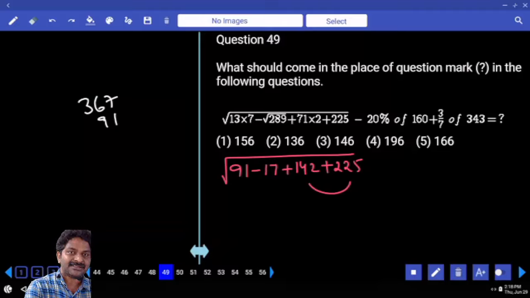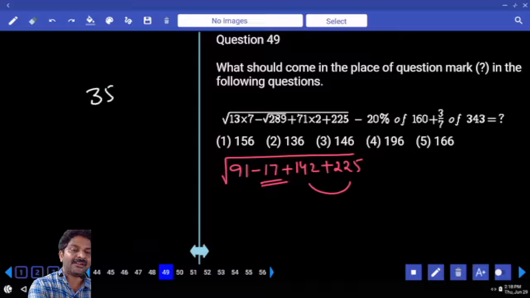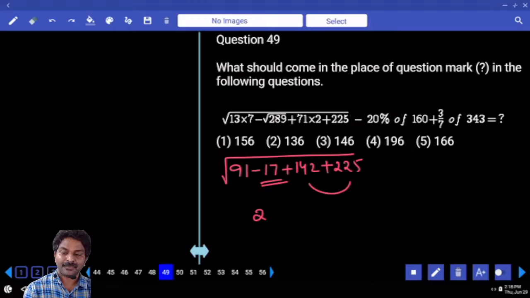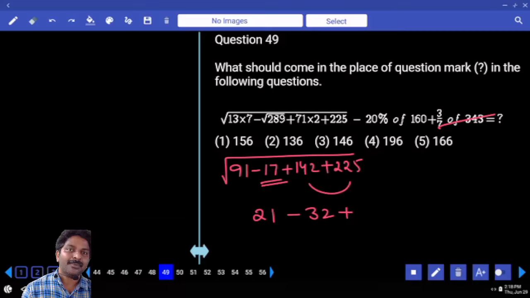Otherwise, 367 we already got. From that subtract 17, you get a round figure, 350. To that add 91. How much is that? Under root of 441, 21, minus 20% of 160, 32, plus 7 and numerator 7 cube.